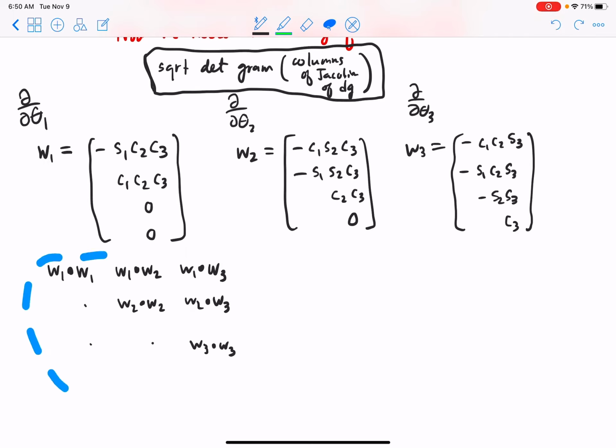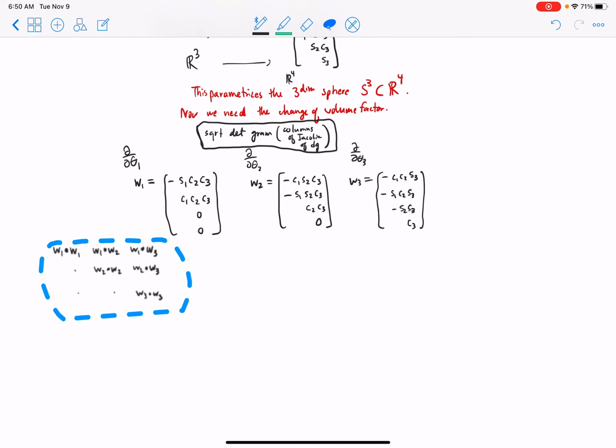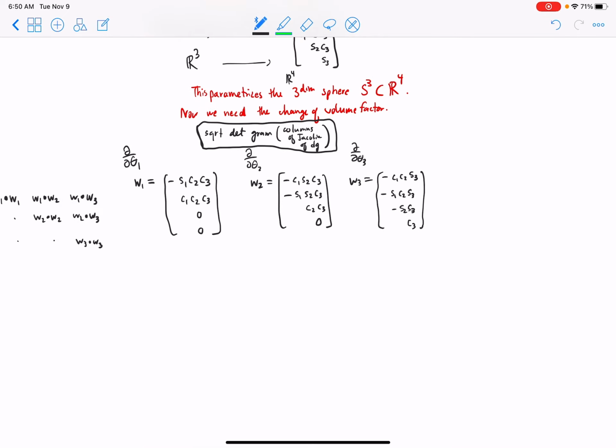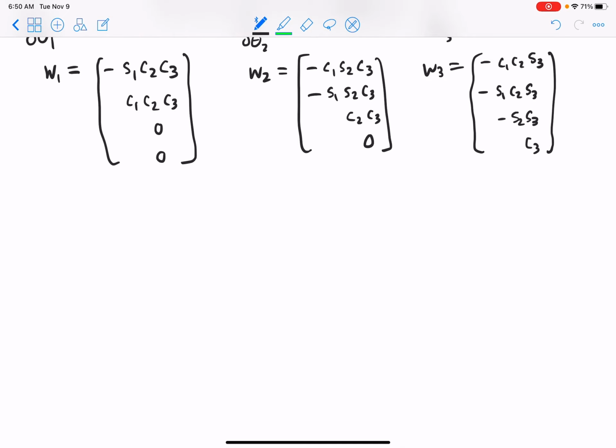First, let's get rid of this. And let's compute W1.W1. Okay, so sum the squares, and we'll get S1 squared, C2 squared, C3 squared, plus C1 squared, C2 squared, C3 squared.